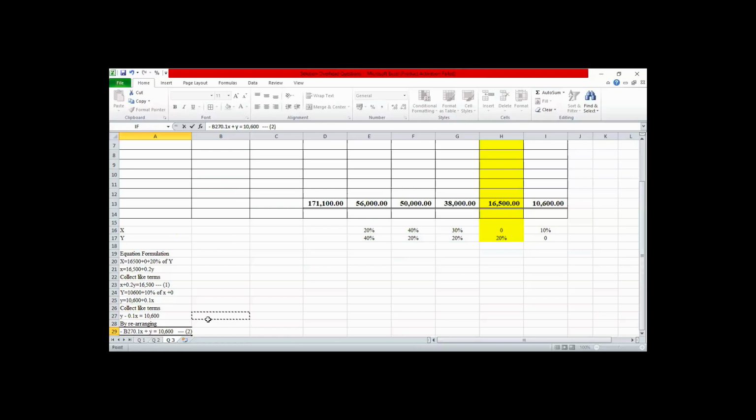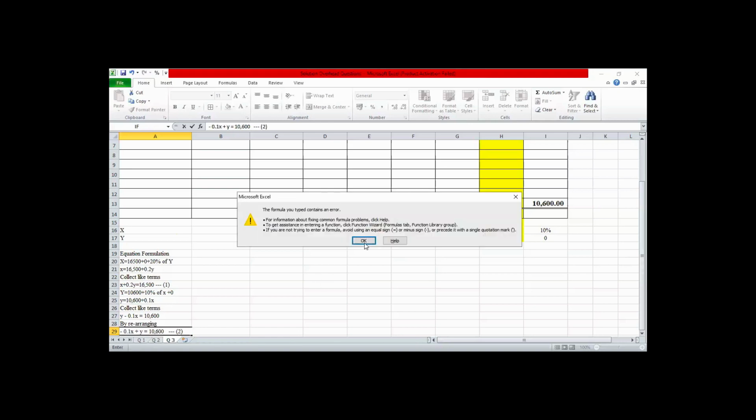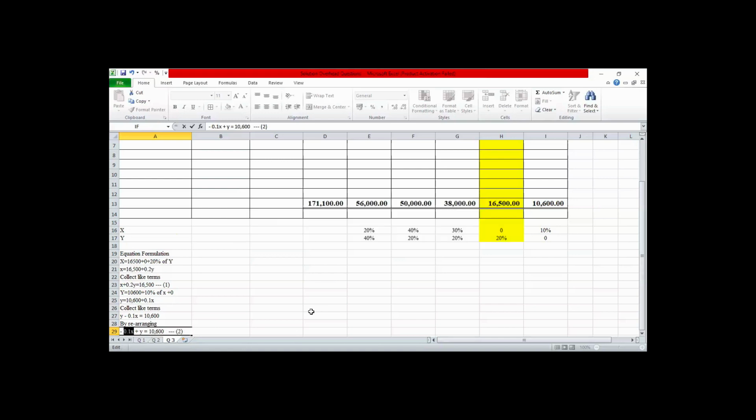Sorry, sir. Chelsea, yes, what do you say? Your equation 1, isn't it meant to be X minus 0.2Y when you collect like terms?